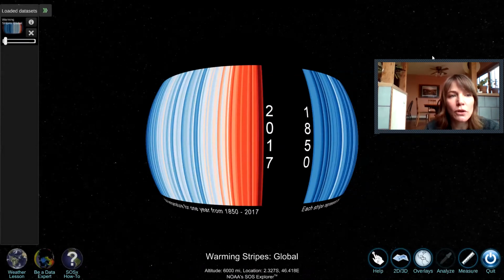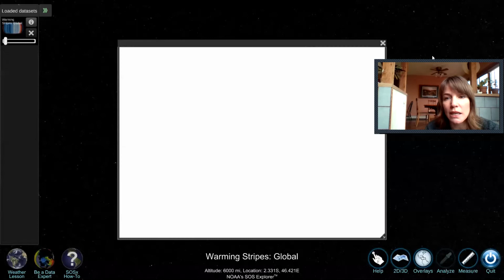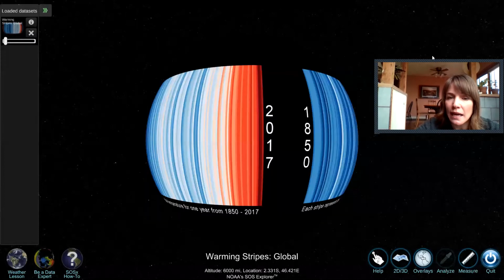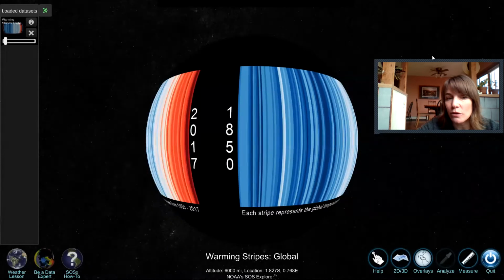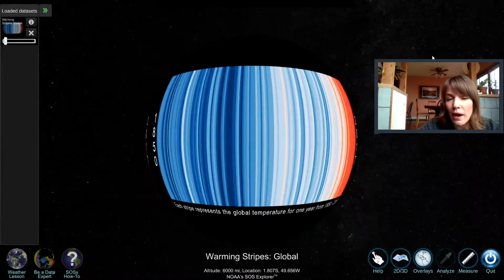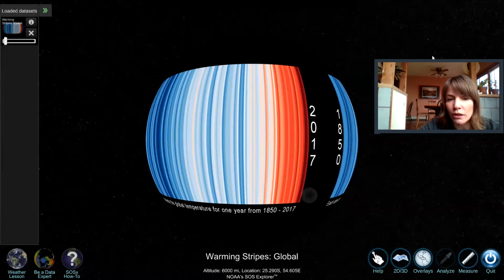And if you ever want to learn about these data sets, you just push the I button here in the upper left-hand corner, and that will take you to our website description. So this particular data set is showing the same information, except it goes back a little bit earlier, but in a different way. Each line is the global average temperature.